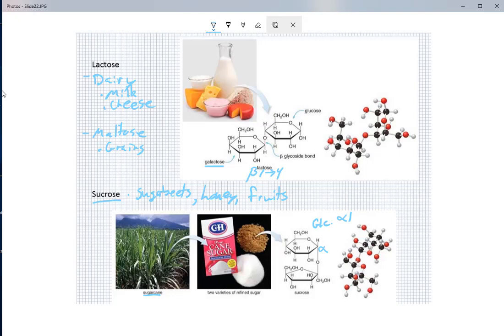Sucrose is a ketose, and so the carbonyl here is on carbon 2, so it is beta in sucrose, alpha's down, beta's up. So it's alpha 1, beta 2, and fructose.